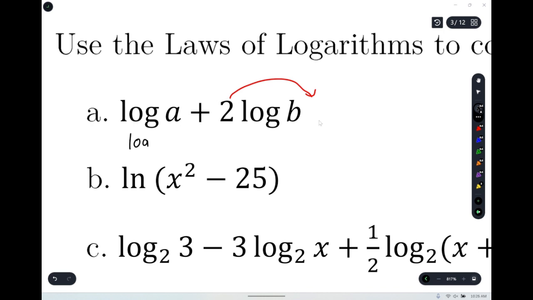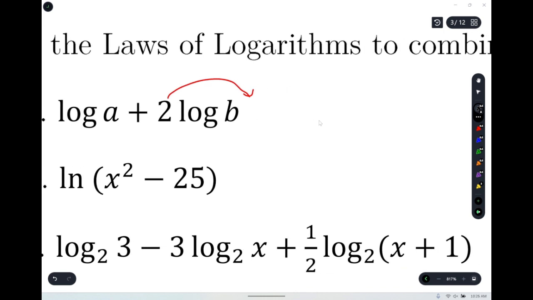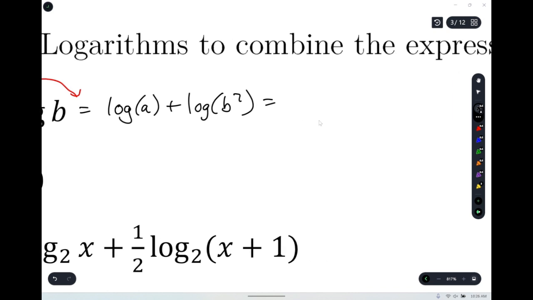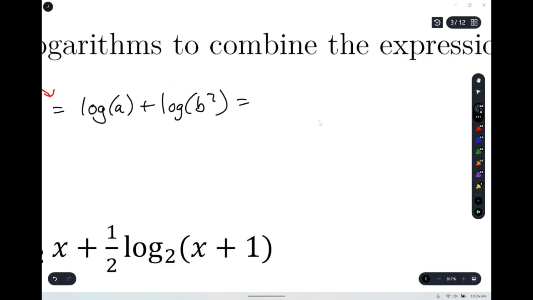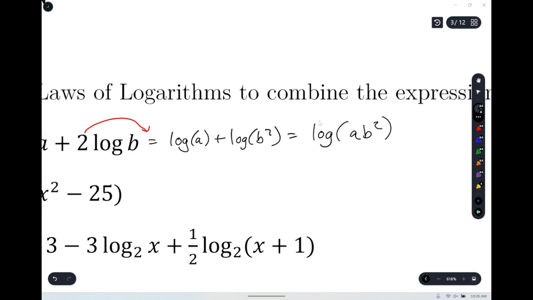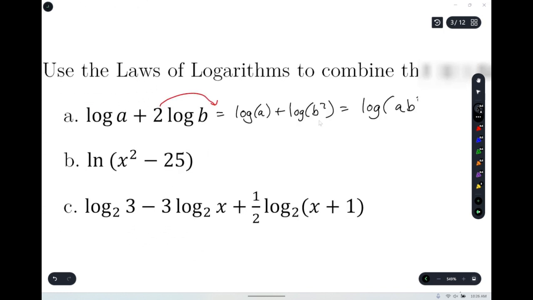Now we've got log A. Log of A plus log of B squared. Now what? Not division, but log of A B squared. Done. Can you do B? Sure.